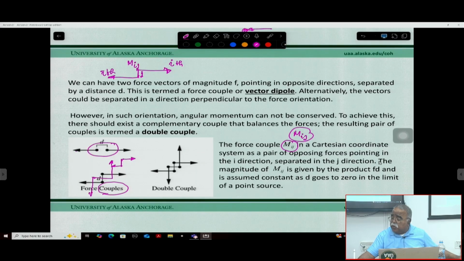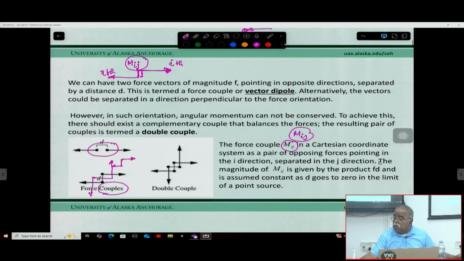Mij is the moment due to a force which is directed in the ith direction, and the forces are separated in the j direction. So this couple is producing a moment. We call it an Mij type of moment, right? So Mij indicates the force is in the I direction and they are separated in the j direction.